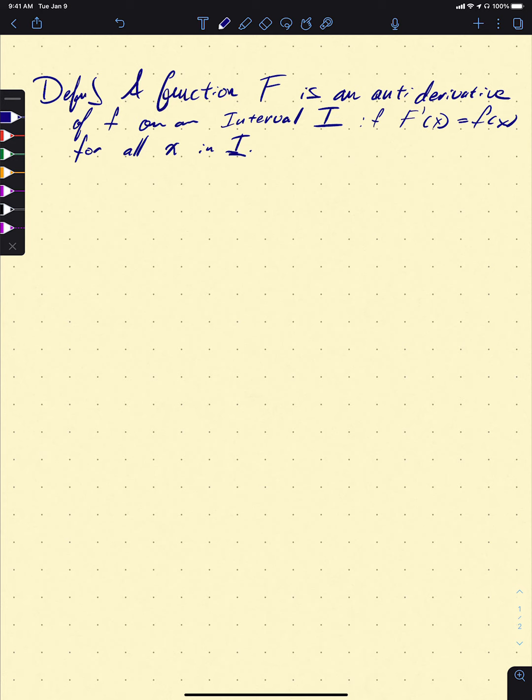But I want to start out thinking about the properties of the derivative and what necessarily must be true about antiderivatives. The first thing, in some examples, we can say x squared is an antiderivative of 2x.